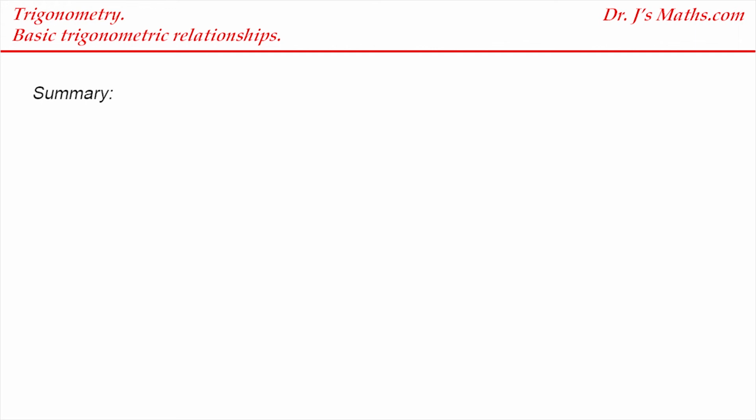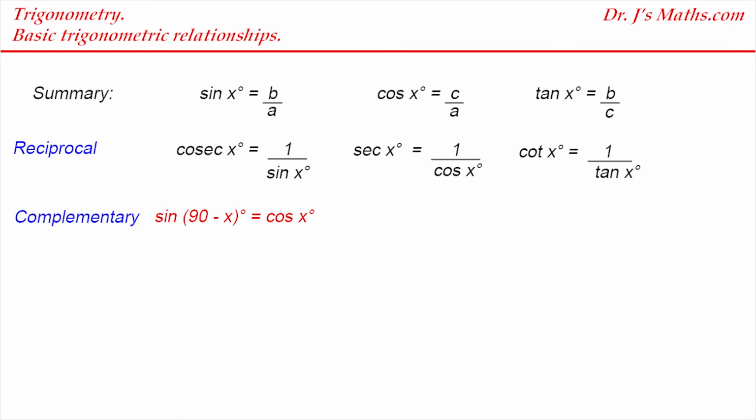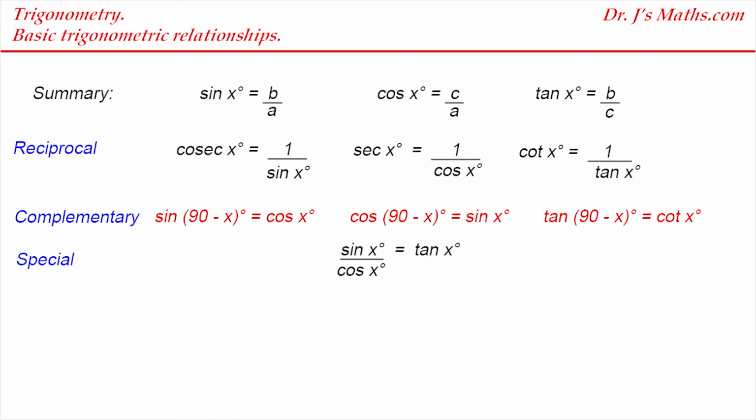So to summarise our work in this video, we've got our basic relationships. We then defined our reciprocal relationships as being the 1 over relationship, so it turned everything upside down, but we had to have a special name. We then had the results for the complementary angles, so the 90 minus x results. We then developed our special result, allowing us to replace tan x by writing sin x over cos x.